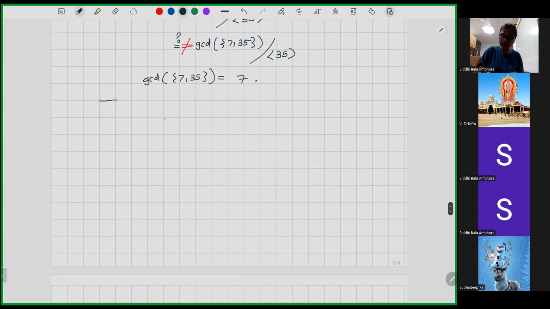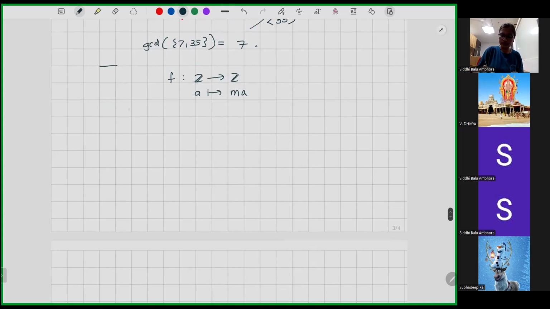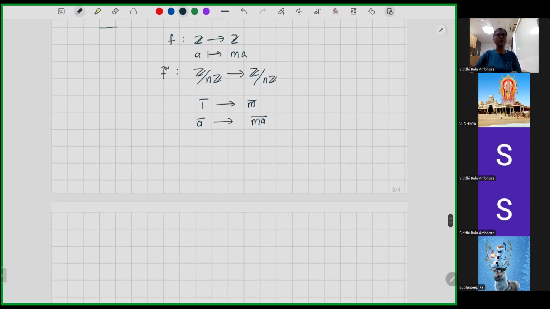So in general, if I take any map f from Z to Z, such that A goes to MA, and the induced map f tilde from Z mod NZ to Z mod NZ, such that 1 bar is going to M bar, or A bar going to MA bar. So 1 bar I'm just explicitly writing here.